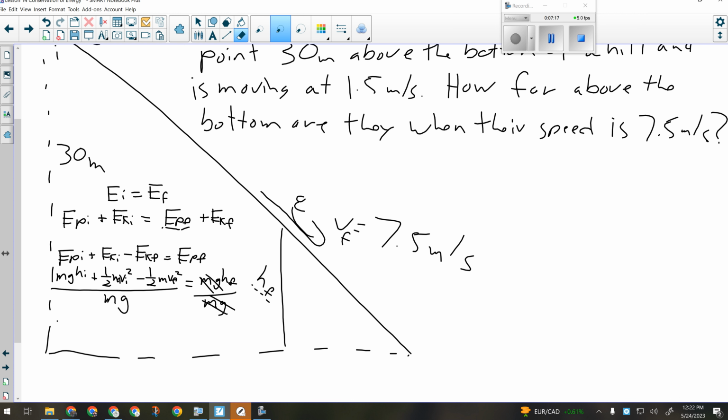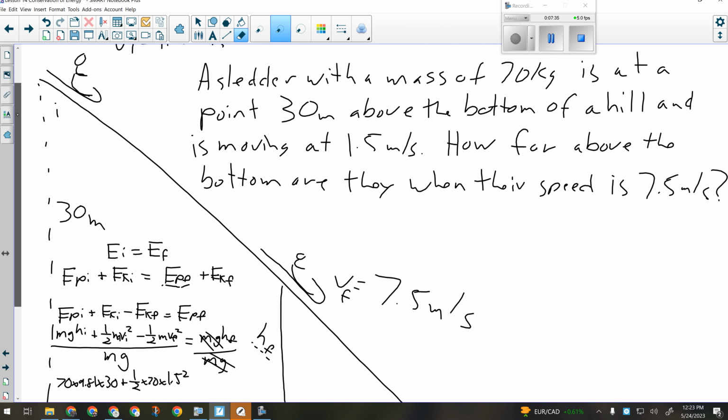So 70 kilograms times 9.81, so times G, times our initial height, which was 30 meters, plus 1/2 times 70 kilograms, the mass, times 1.5 squared. That was our initial speed. Sorry, it's up here where we can't see it.